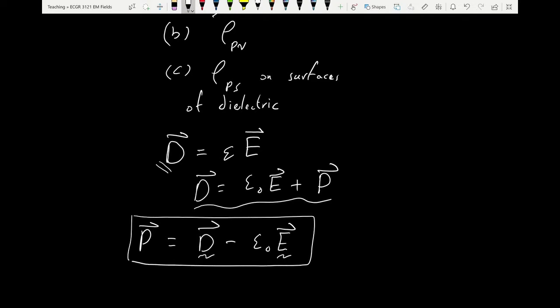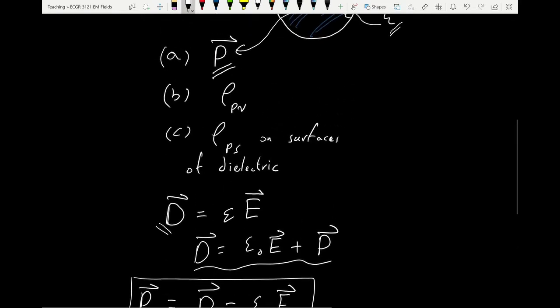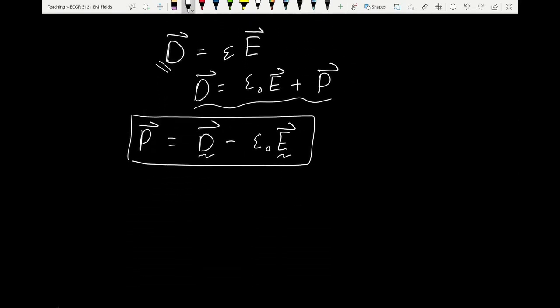From Gauss's law, right? So we know the fundamental axiom, which is that divergence D is rho, right? I can write it in two ways, or divergence E equals rho over epsilon, right? So now because we have a material, it becomes epsilon, not epsilon naught.